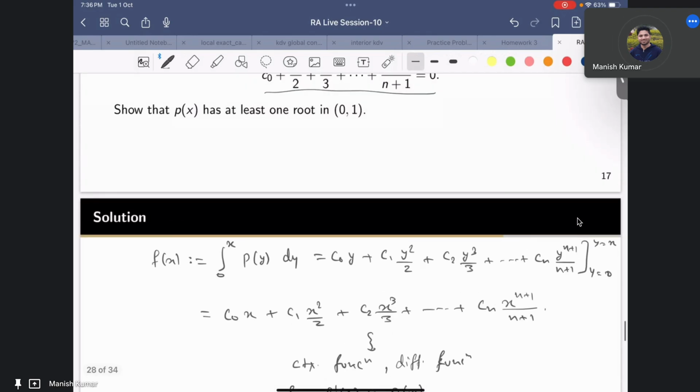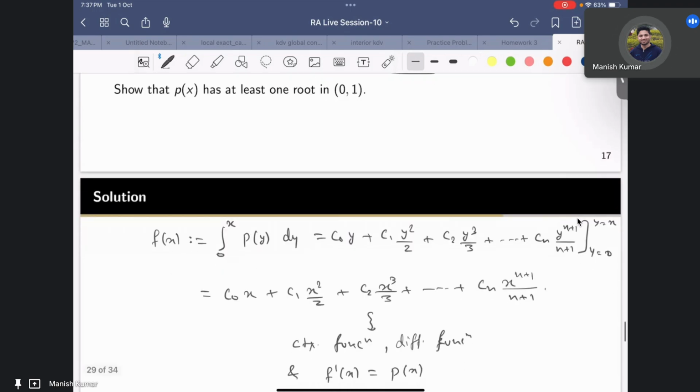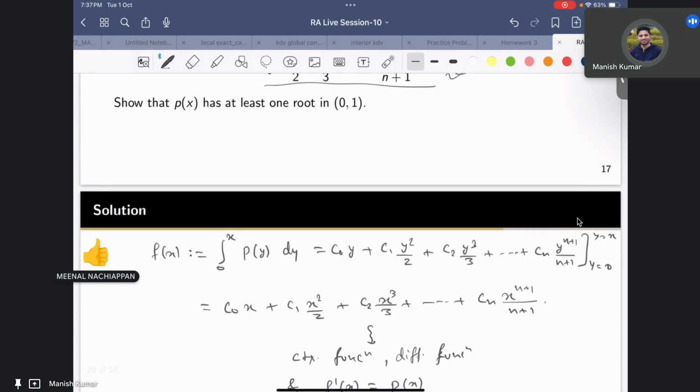Okay, so these are the three immediate pieces of information I can obtain for f. Now what we have been given is that this coefficient has this kind of relation. You can see if I put x equal to 1 in the function f, I am getting exactly this thing. Another thing is that if I put x equal to 0, then also it becomes 0, right?